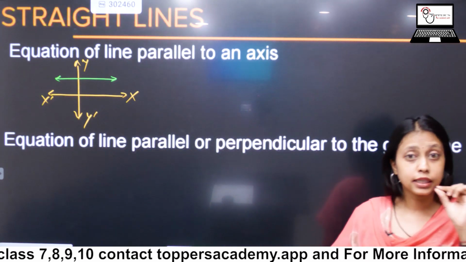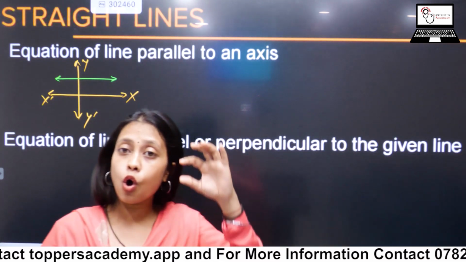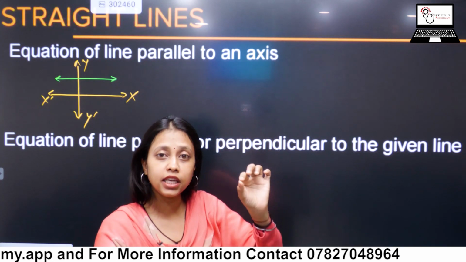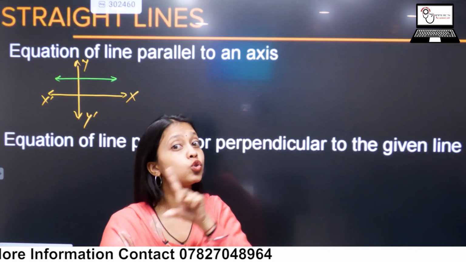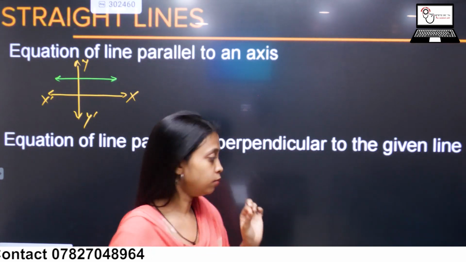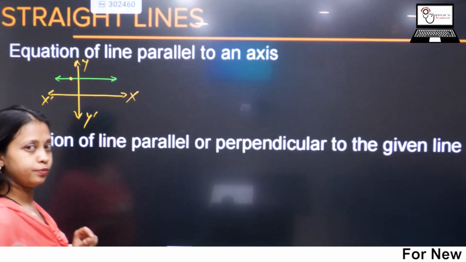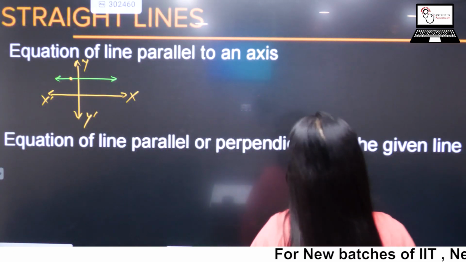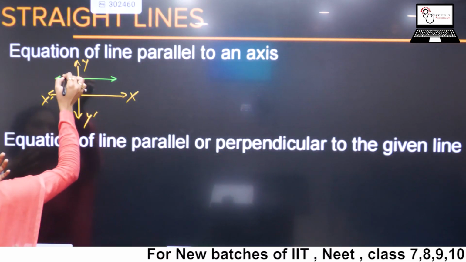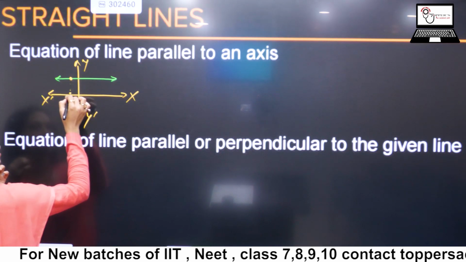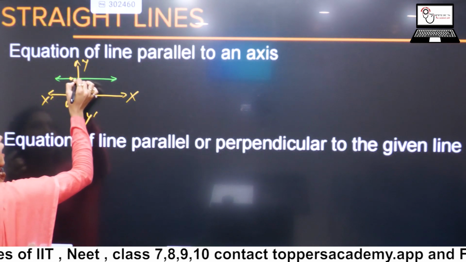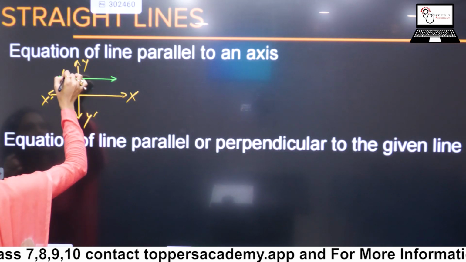To do that, just think carefully here. On this line, there is a point which is constant. Take it. Now, the coordinate of a point depends upon this A and this B. So, this is A comma B.